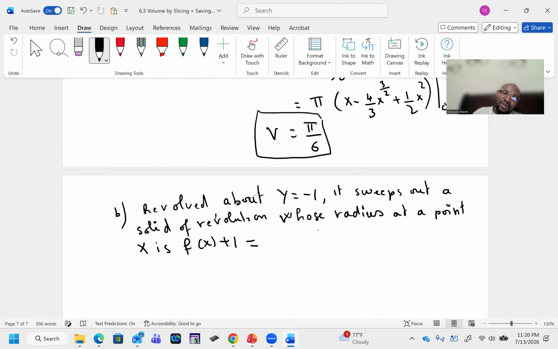So square root of x plus 1 plus 1, then plus 1 will be what? Square root of x plus 2.